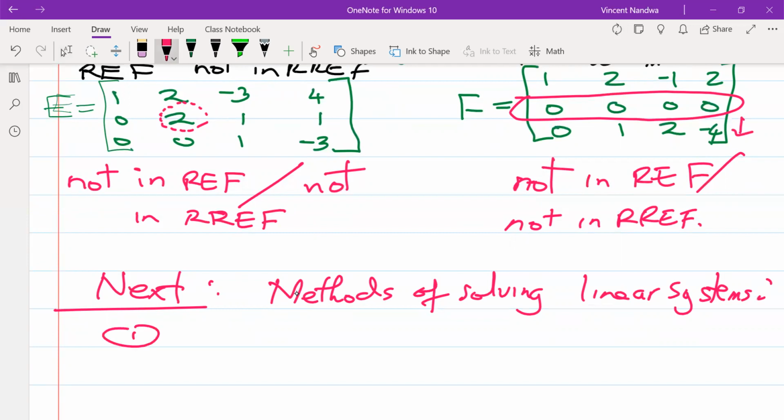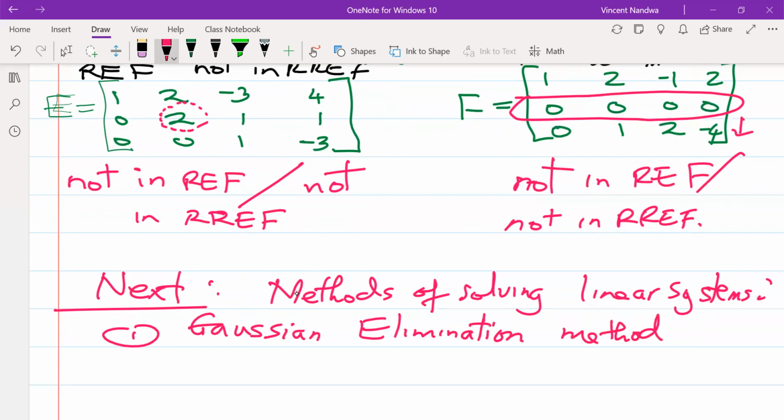The first method will be Gaussian elimination. Number two will be the Gauss-Jordan elimination method.